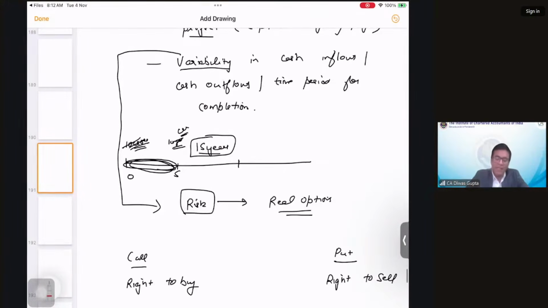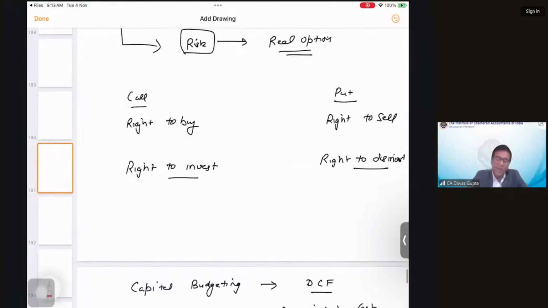Let's say initially you assumed that in 15 years you will complete the project, but there is a risk that the project may go beyond 15 years, let's say 20 years, right?